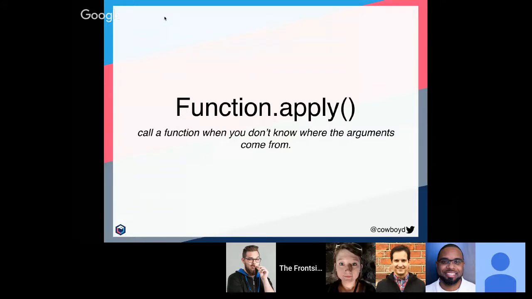Where you might see this in the wild is event dispatch, where you know what the function is, but the place where you're binding the function doesn't know what arguments it is going to receive until way down the line, could be minutes later, right? If you've got some button with a click handler, you might pass the event, the X value and the Y value. So when you have a reference to that click handler, you don't actually know what the arguments passed to that function are going to be. So it's really, really important, and it's really nice.